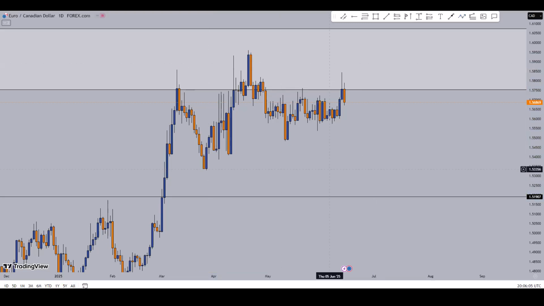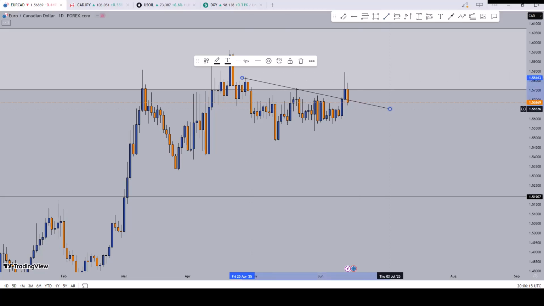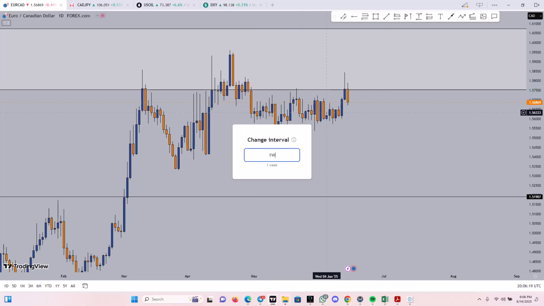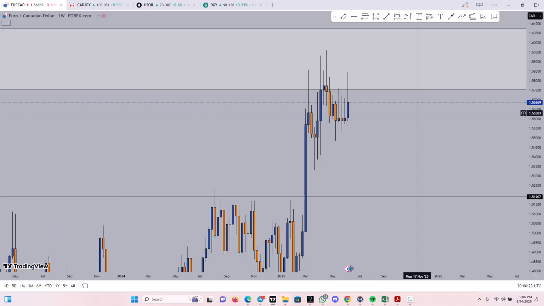So a lot of people will be looking out for buys based on this break to the downside. Well, I don't really count this as upside, because on the weekly time frame, the market moved up but didn't close above this week here.